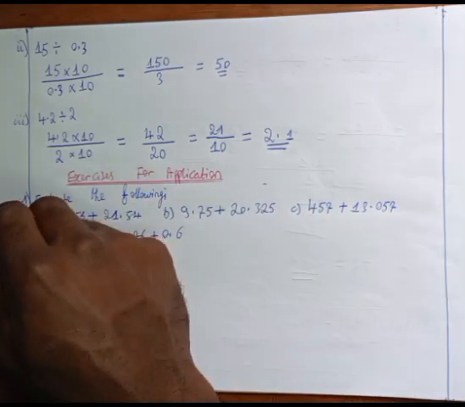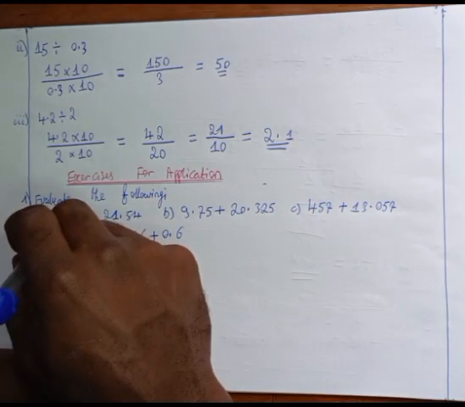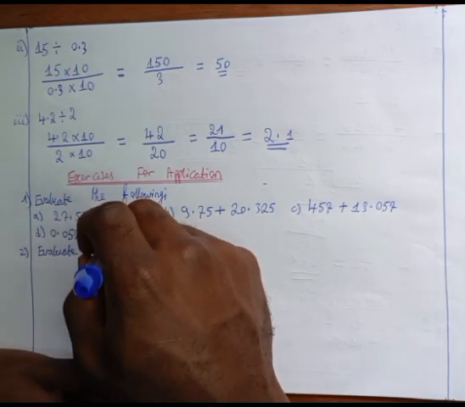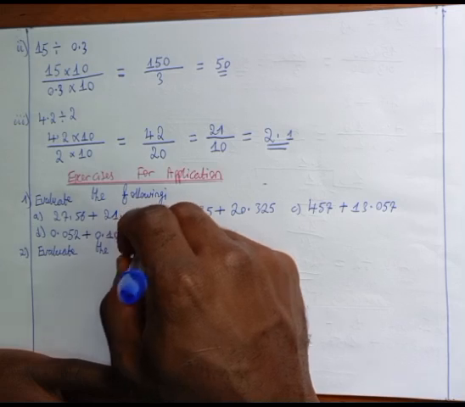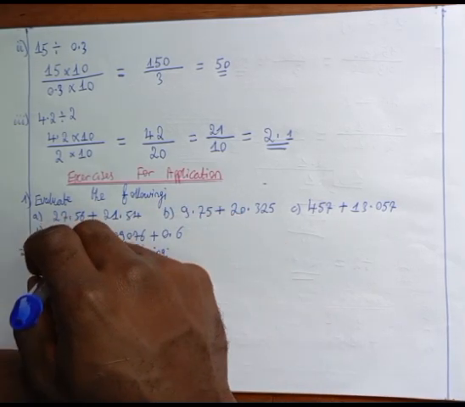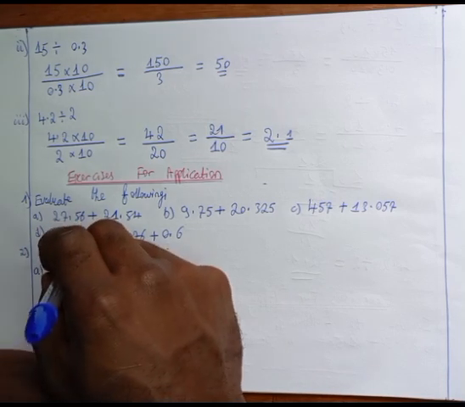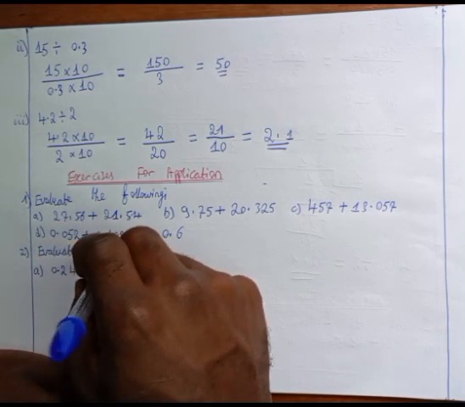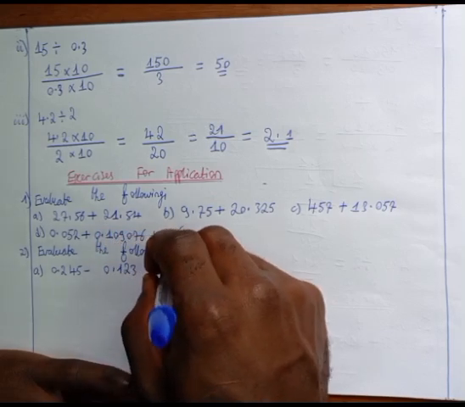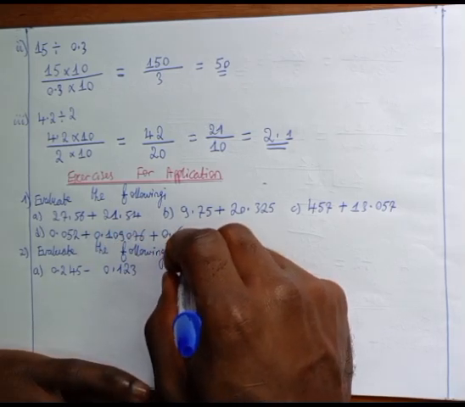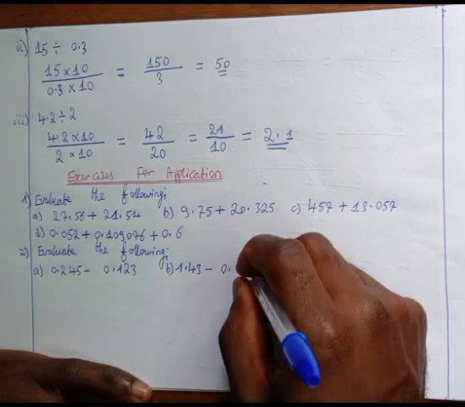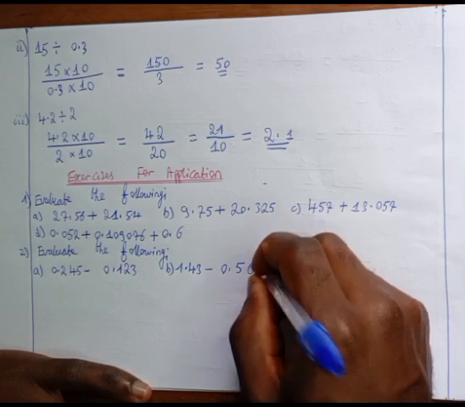0.6. Question 2, it says evaluate the following. For A, we have 0.245 minus 0.123. B, we have 1.43 minus 0.5677.